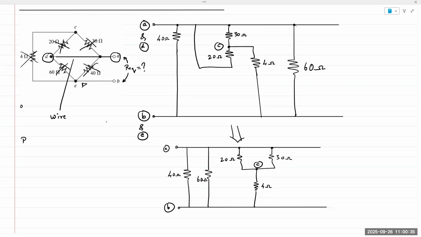So if you want to practice, this is a good circuit diagram. REQ between C and D, D and E, or between C and E. So if you want to practice your skills, you can do so by trying to do this.